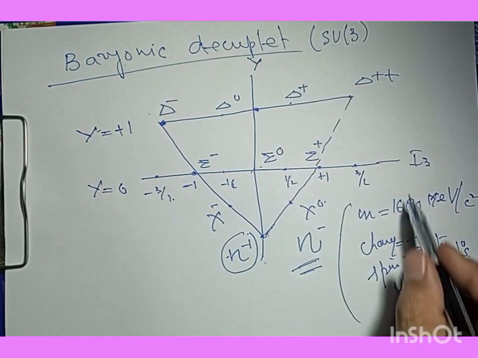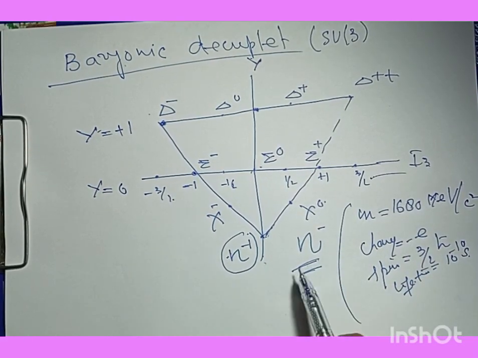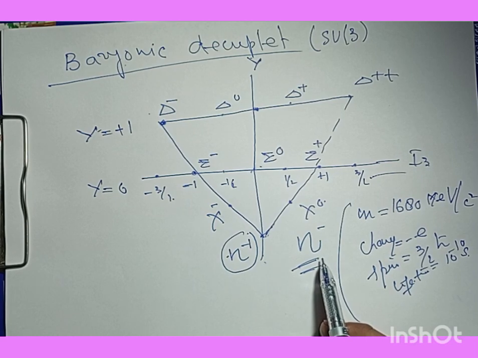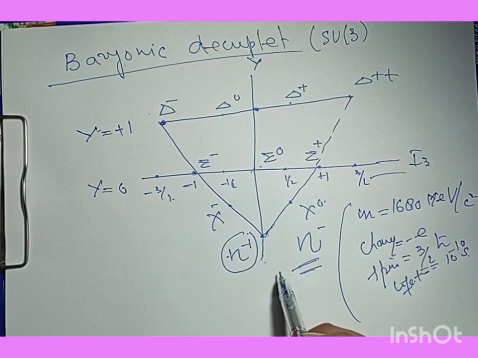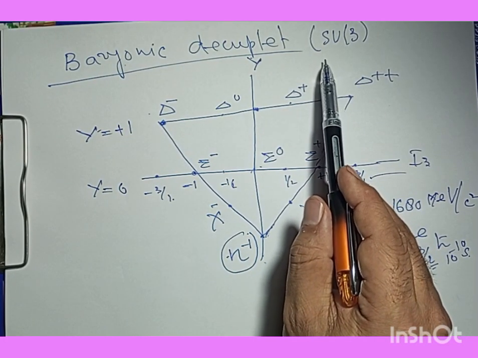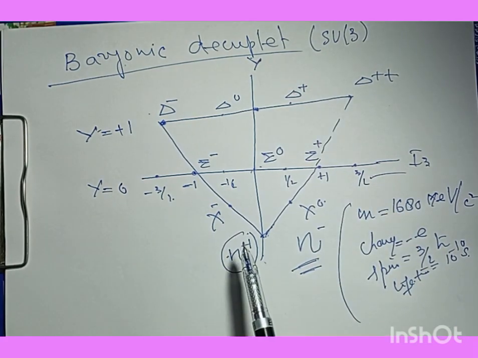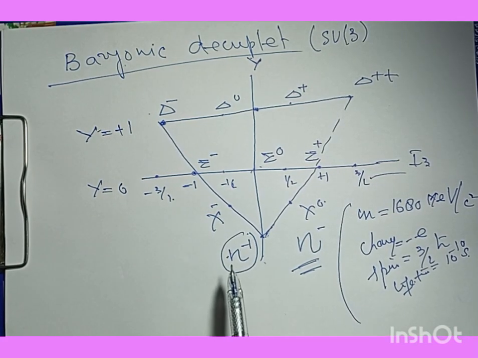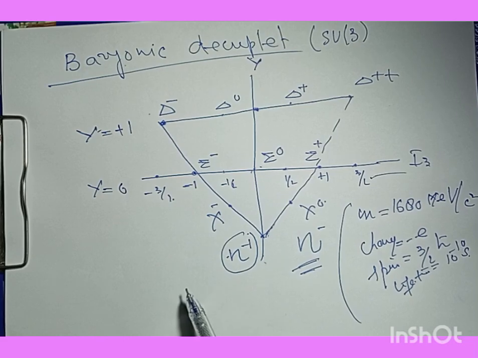And later on, this omega hyperon was discovered, which in fact verified the SU(3) symmetry proposed by Gell-Mann and Ne'eman. Now, what is important here is that this omega hyperon was later on discovered.